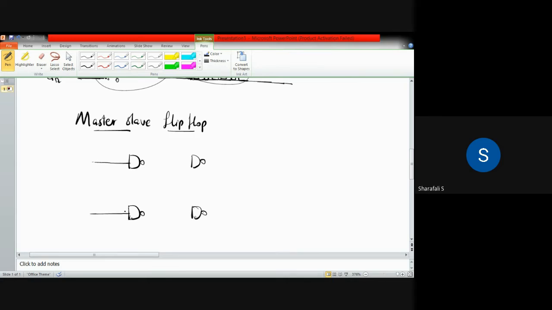We have J and K here, and we have the clock pulse here, and this is given to the next.